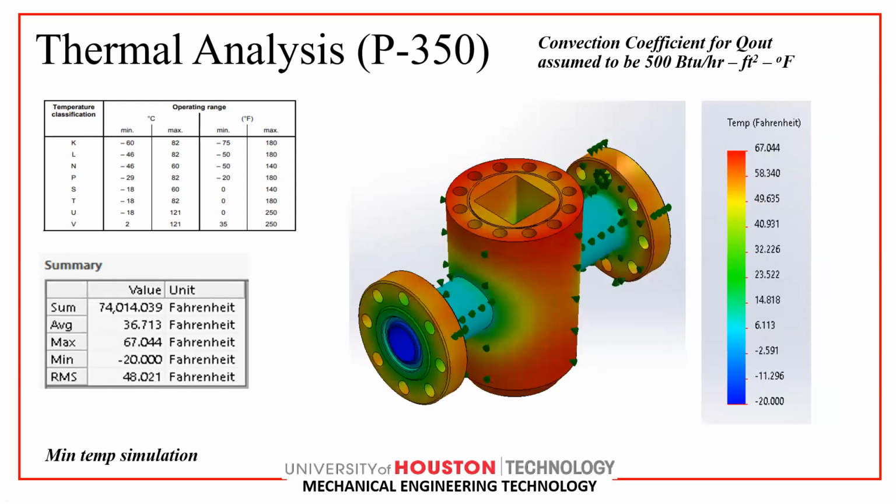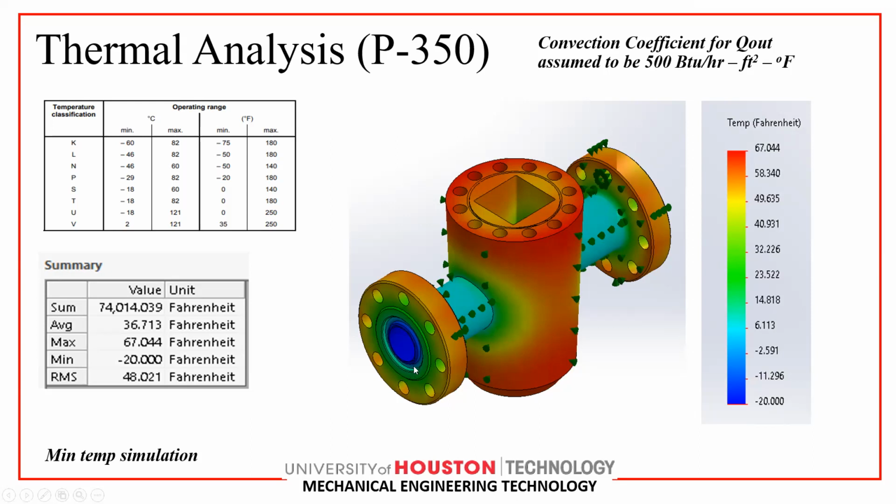So this slide is a minimum temperature simulation. Based on this table, the minimum temperature is equal to negative 20 Fahrenheit degrees. So we use the cool temperature, negative 20 Fahrenheit degrees, passing through the inside of the gate valve.